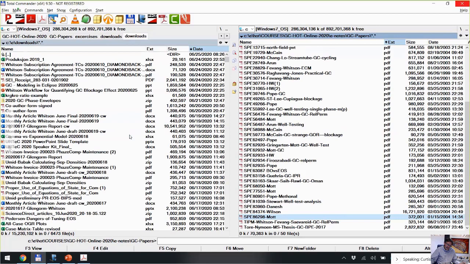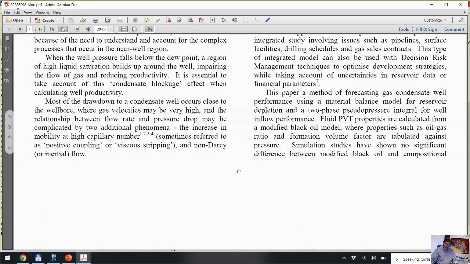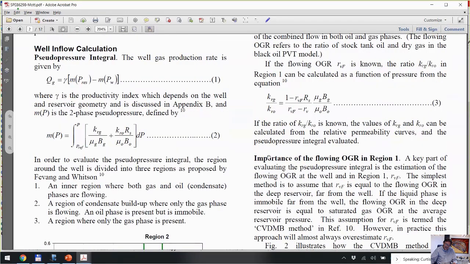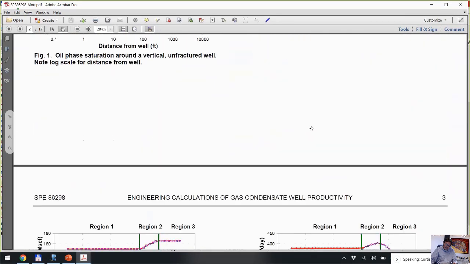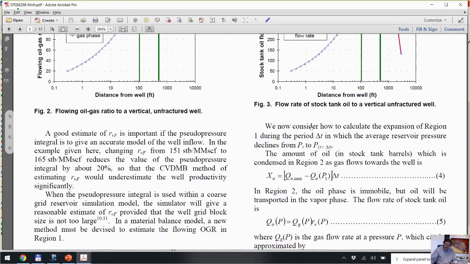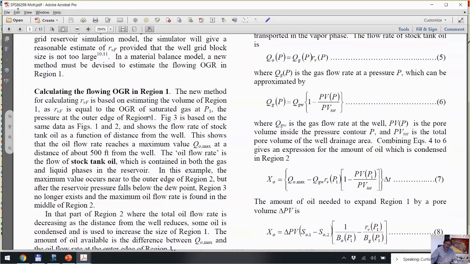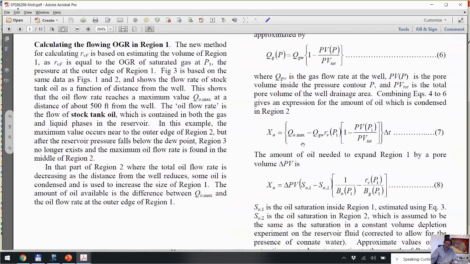I think it's one of the later papers. Calculating the OGR. Okay, so this is this new method. The new method for calculating.